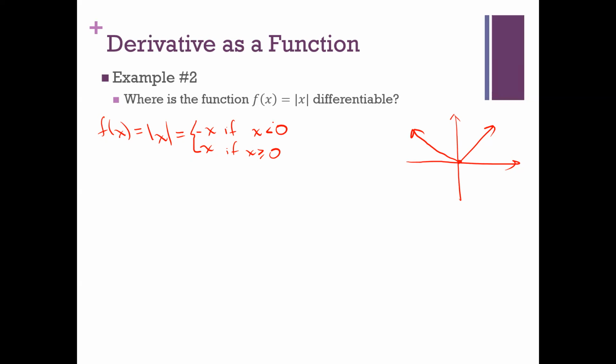Any questions? Are we okay with that definition? Hopefully we understand that the absolute value only gives back non-negative outputs, and these two branches are guaranteed to give you non-negative outputs. All right, so I want to know if this function is differentiable.